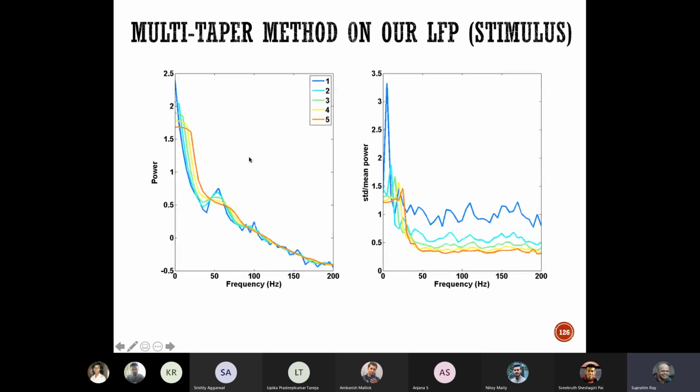In this case, multi-taper offers no advantage because I was able to average across 80 trials and get a smooth estimate like that. If I didn't have that luxury, I would opt to use more tapers, which will sacrifice my frequency resolution, but at the same time improve the reliability.